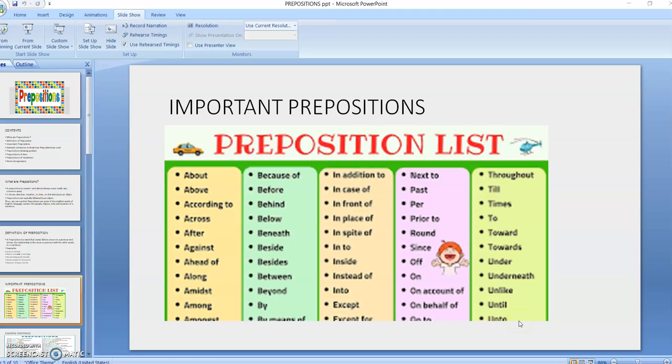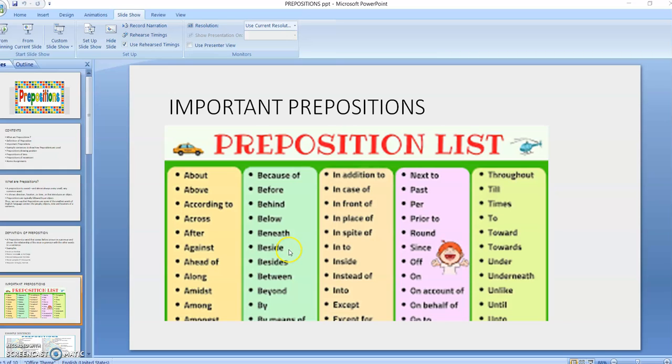These are generally the prepositions which we use in our day to day English language. As I was telling you, I would like to elaborate on these two words, beside and besides. Beside we can use in the example here, she sat beside me in the classroom.